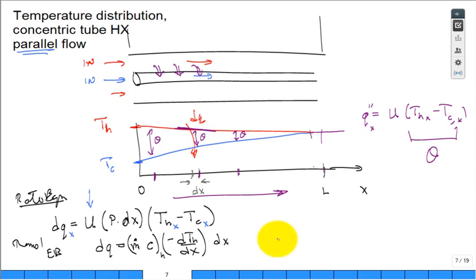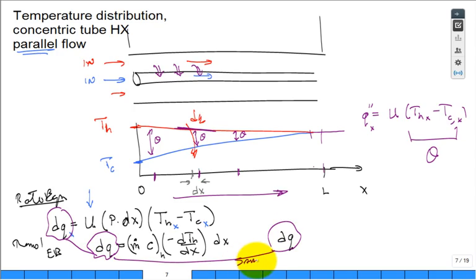You do the same energy balance for the cold fluid. That's what comes in. Now the way I've written that, this is the same as that. They are all the same. What are they again? It's that amount, or the rate of heat transfer at that small area. Be something like in units of watts or kilowatts. So this would be the mass flow rate of the cold fluid, the specific heat of the cold fluid.